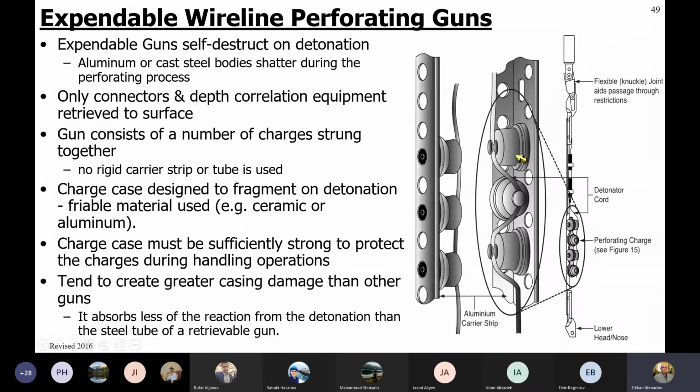It is a very light construction. Therefore, the reaction from detonation may cause some damage to the casing, if the charge arrangement and design were not properly thought through.